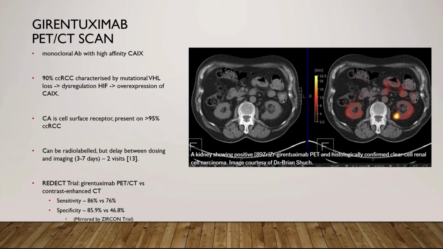The scan is good at telling us, firstly, if a lesion's malignant, so specifically clear cell RCC, most malignant, and it seems to outperform CT in terms of sensitivity and specificity in this area. And it also gives us some insight into the tumor biology as well, looking specifically at aggressive clear cell subtypes.